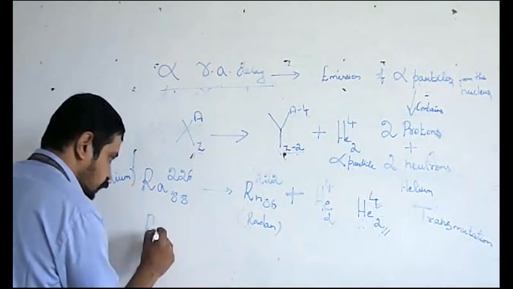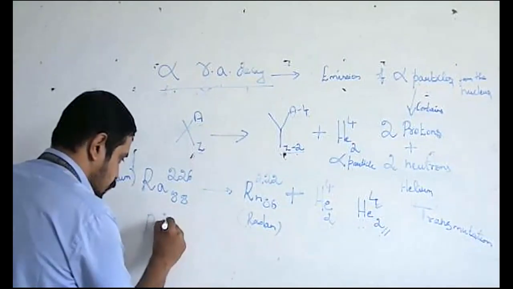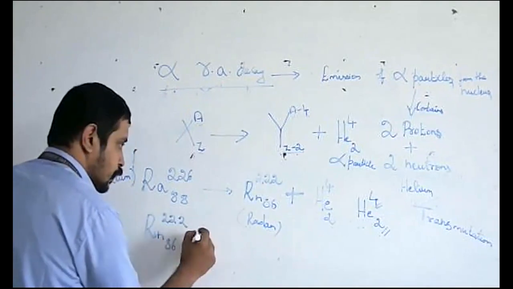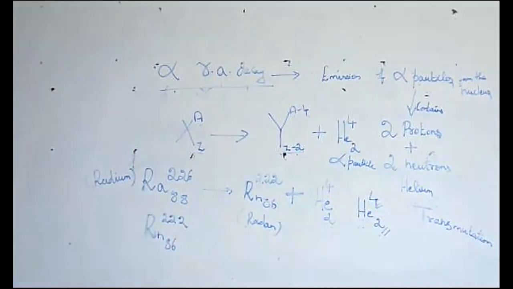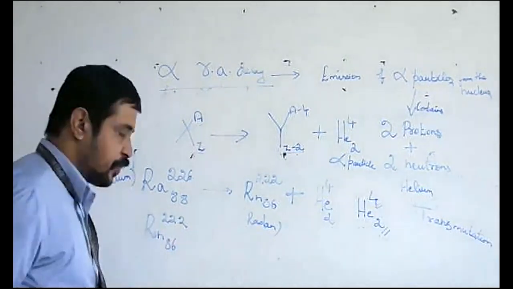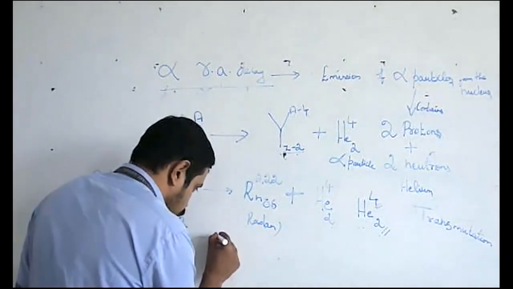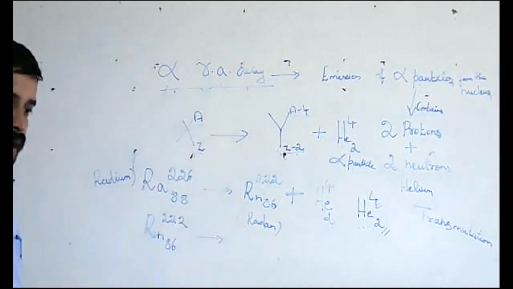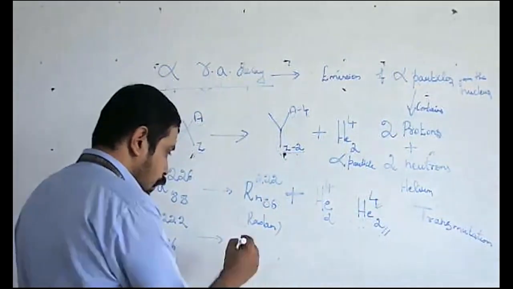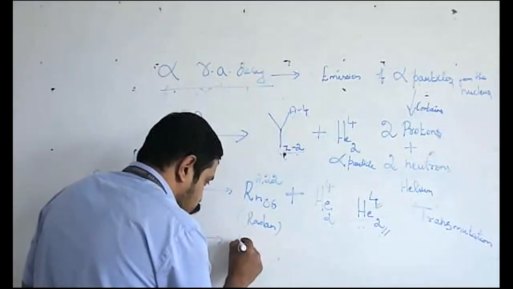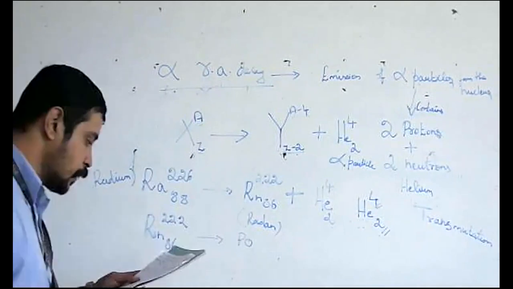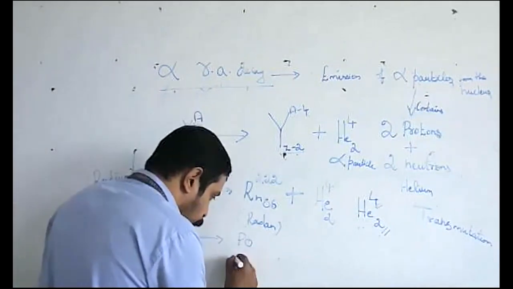This radon has mass number of 222, atomic number of 86, undergoes further alpha radioactive decay to convert into an element represented by the symbol Po, which is polonium.